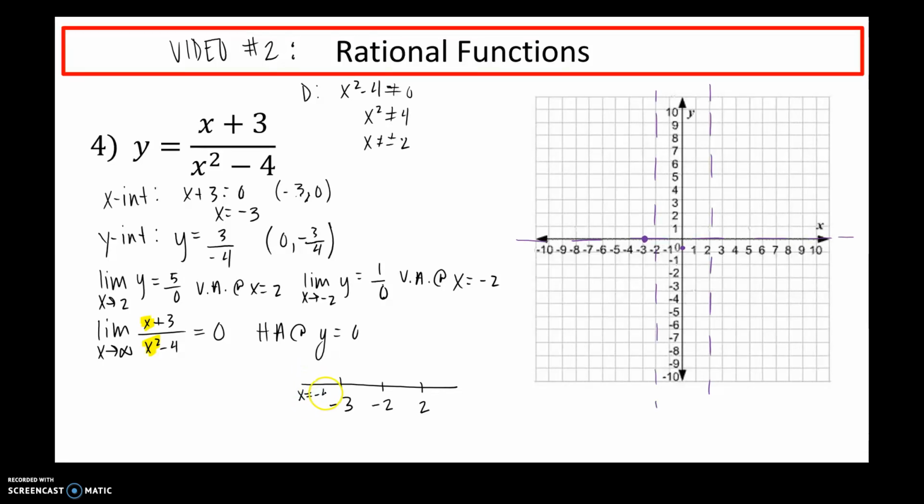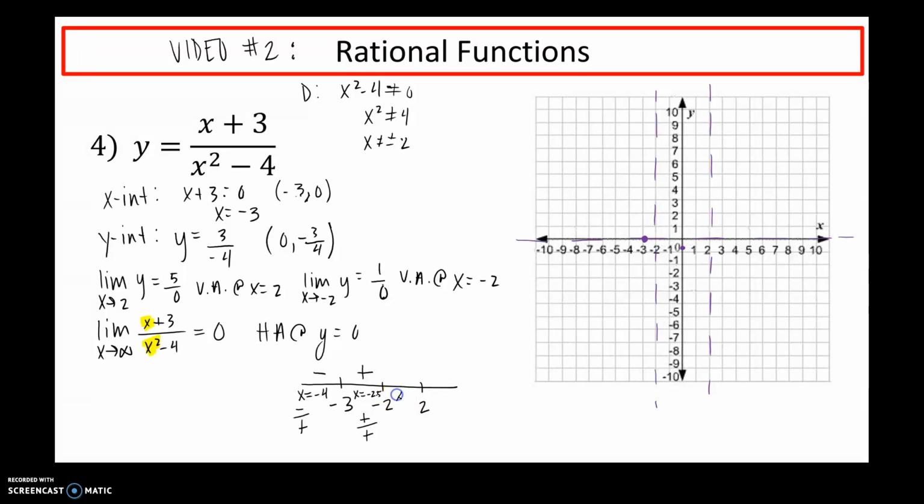If I plug in a value less than -3, -4 would give me a negative numerator, but a positive denominator, therefore making the interval negative. If I plug in -2.5, then I would get a positive numerator and a positive denominator, therefore making my graph above the x-axis.